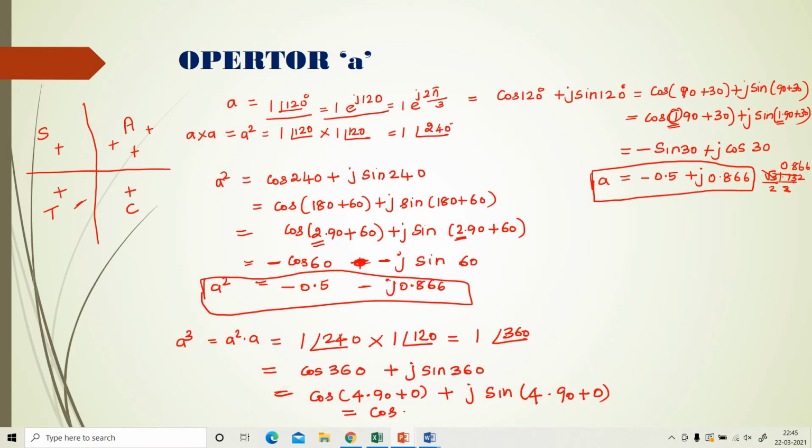So cos 0, but it is in the fourth quadrant only. There is no sign change in cos, and here there is a sign change. In the fourth quadrant cos only positive. Sine 0. So what is the answer? Cos 0 is 1. J into sine 0 is 0. So A cube is what? A cube is 1.